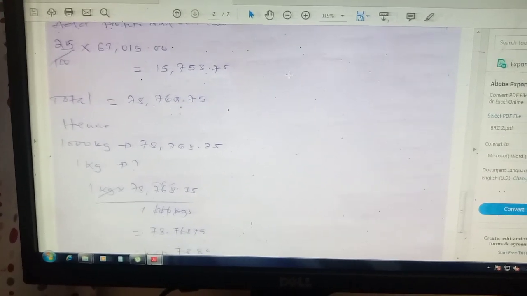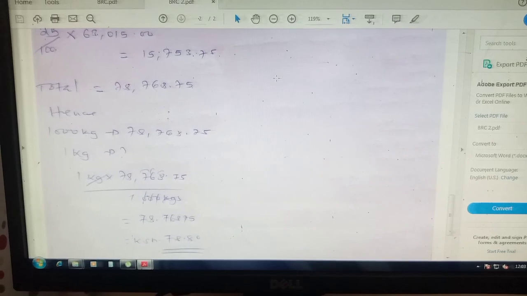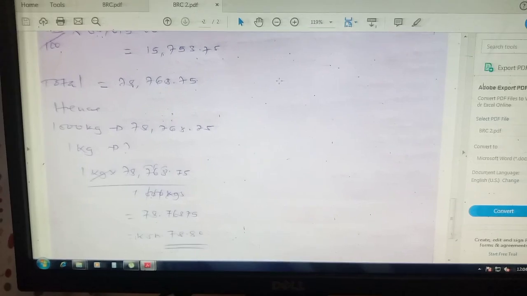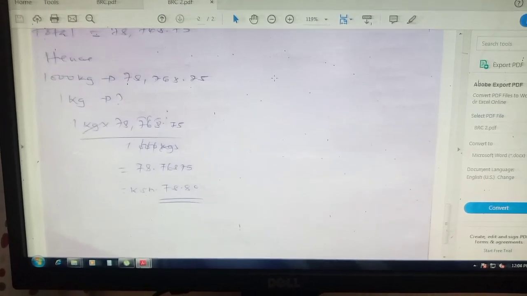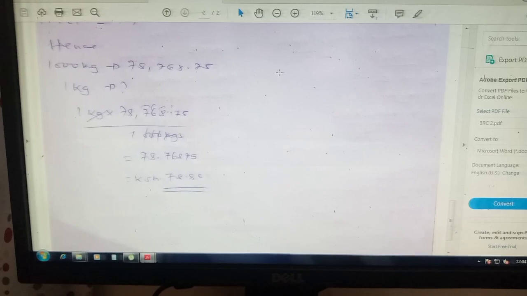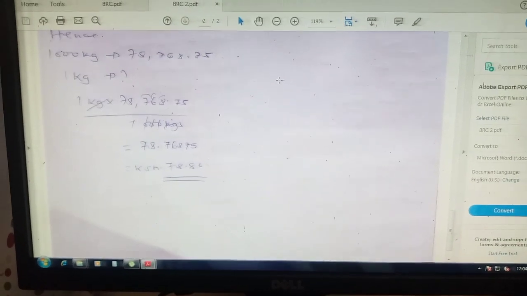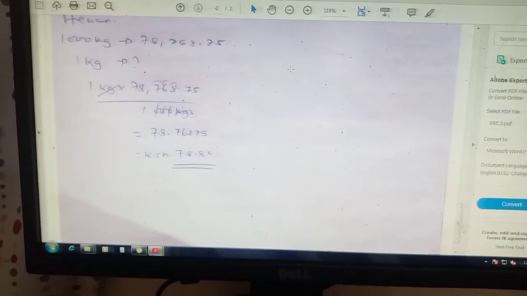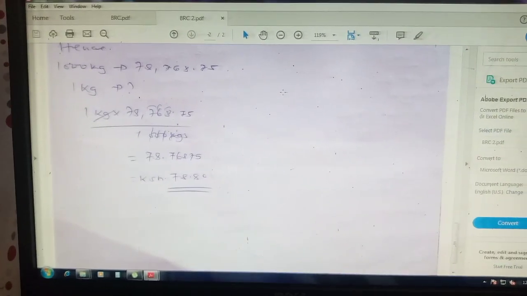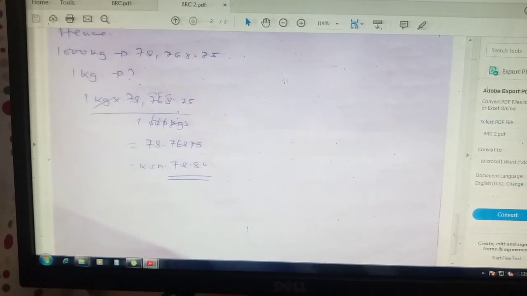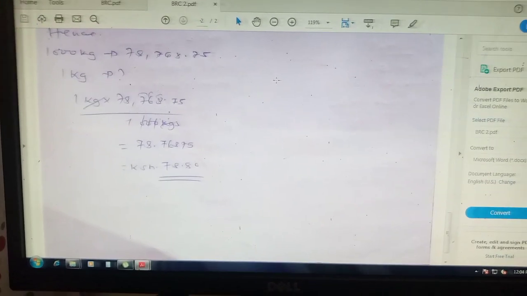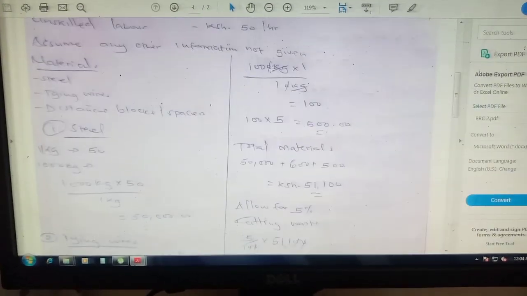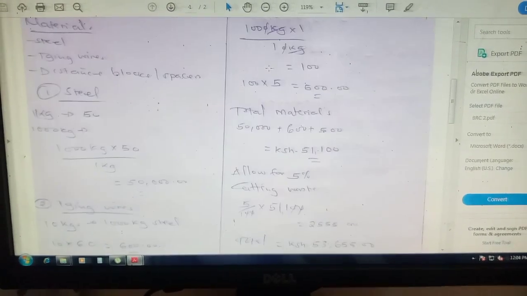So you just take that 78,768 and 75 cents and divide it by 1,000 kgs, or you can cross multiply. It's just the same. You'll get that when costing for D20 or Y20 reinforcement bar, the rate will be 78 shillings and 80 cents. So that is the rate for costing for D20. That is the end of that question.